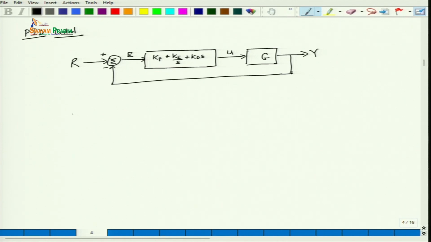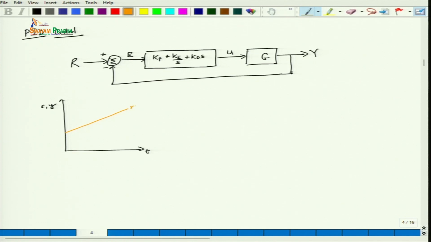Now let us consider a scenario in which we have, so this is time, and here we'll have the reference and the output. So let us consider that the reference looks something of this form.